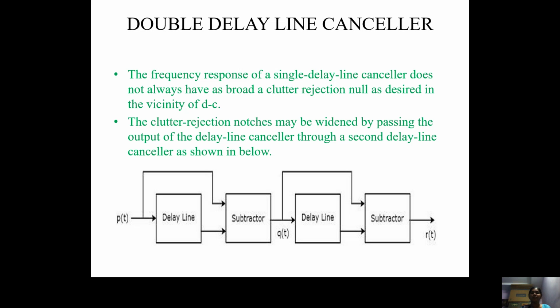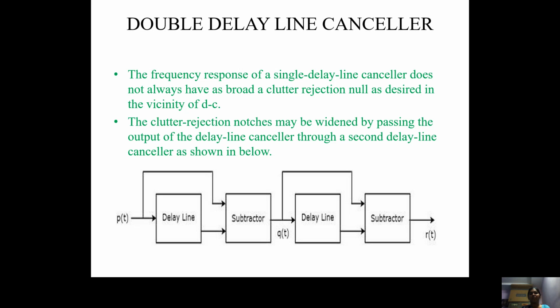We are including one more delay line to the single delay line canceller. So this is the block diagram which shows the two delay lines, which is known as the double delay line canceller. P of T is the received echo signal, which is passed through a delay line once, and the same is given to the subtractor.